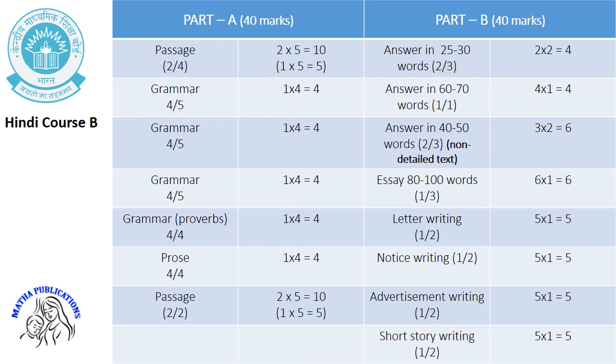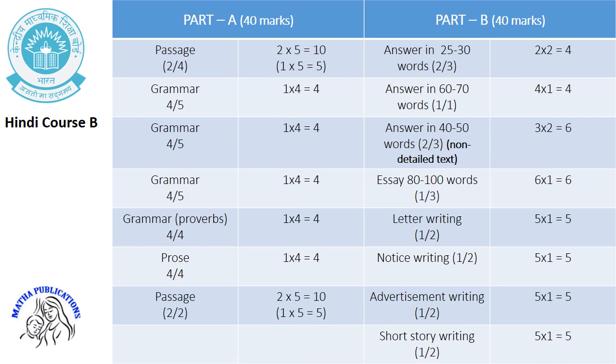In the second section, you need to answer 1 question in 60 to 70 words, carrying 4 marks. This question has no options. Next, you need to answer 2 out of 3 questions in 40 to 50 words, for 3 marks each. Thus, the Q&A section altogether will carry 14 marks.